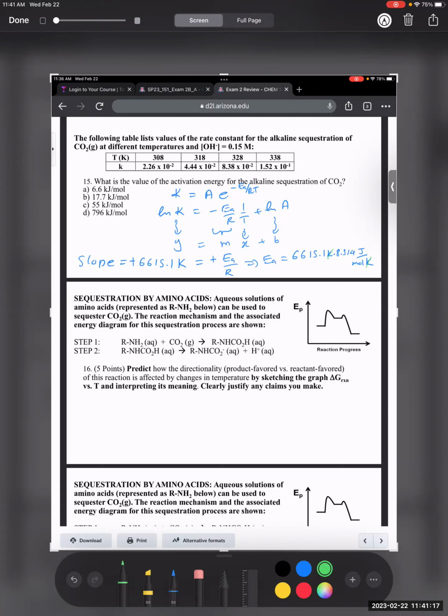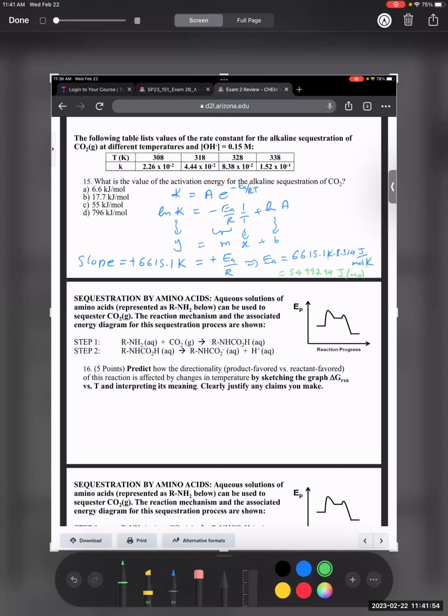Let me do that. 6615.1 times 8.314. Okay, and that came out to be 54,997.94, in joules per mole.